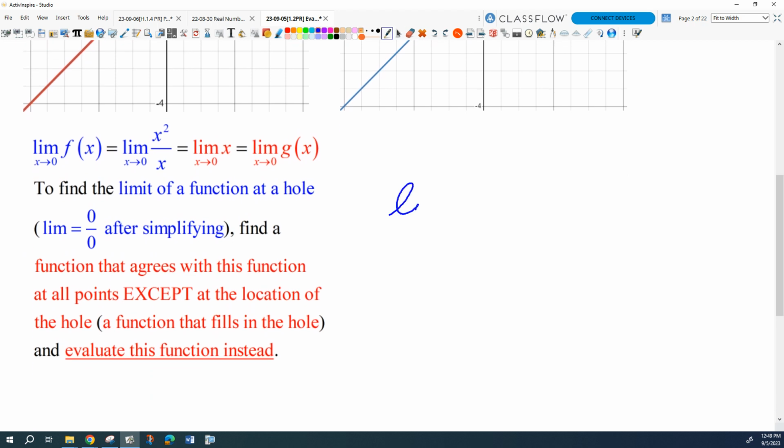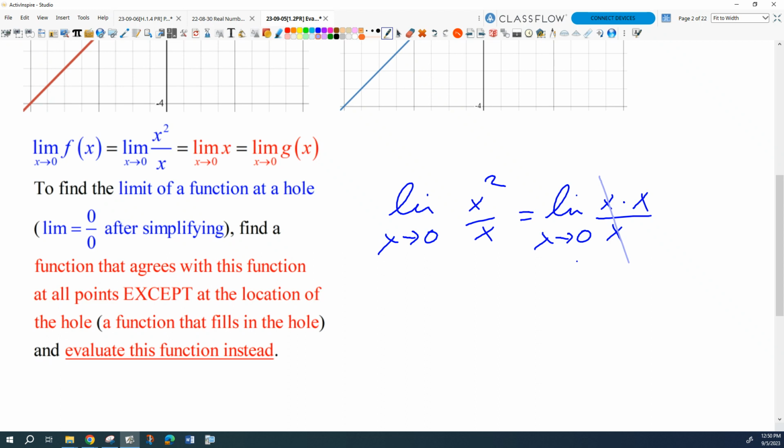So the limit of x squared over x as x approaches 0 is the limit of x times x over x as x approaches 0. And all we did was cancel the offending factors. When I say the offending factors, I mean the factor that was causing the indeterminacy.